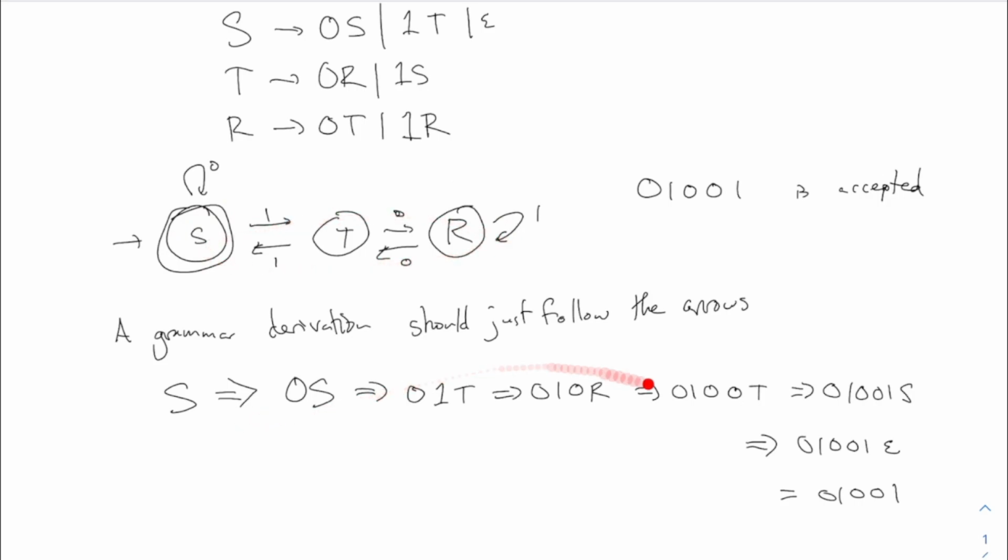The grammar is kind of the opposite. You start from nothing in the grammar, and you build the string one letter at a time. But it's the same thing, because these grammar arrows are really doing the same thing that these NFA arrows are doing. All right. Any thoughts about that? This is fairly straightforward. I think you just have to remember how to translate from the NFA to the grammar.